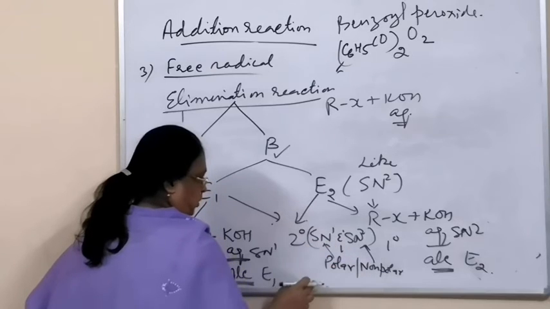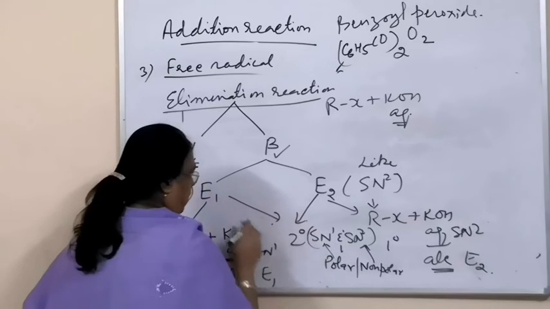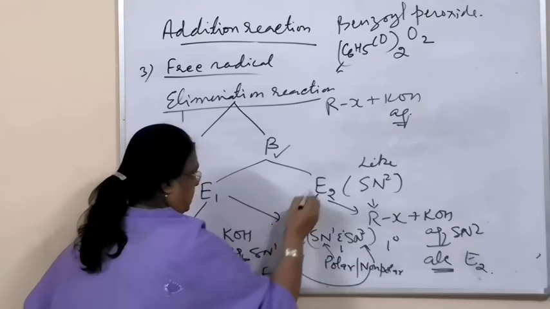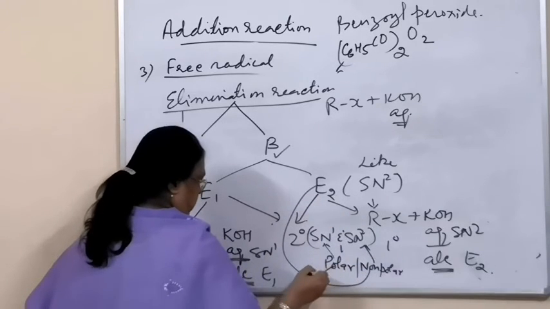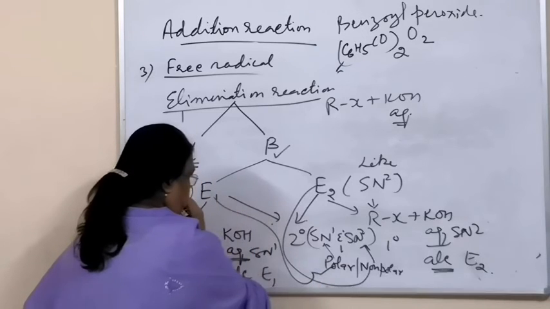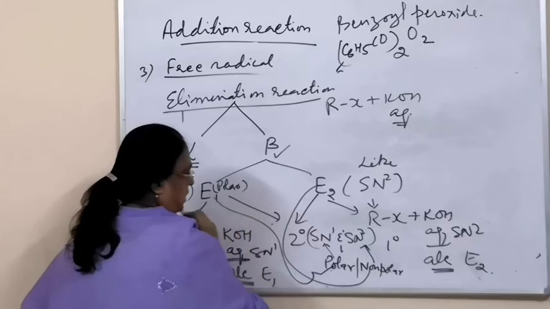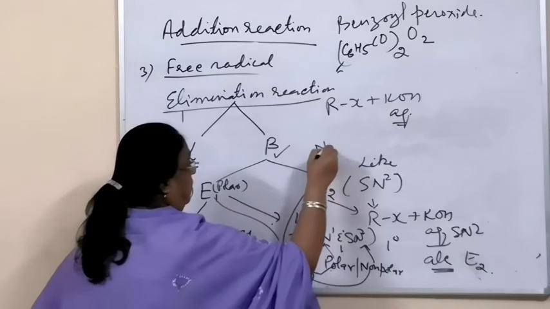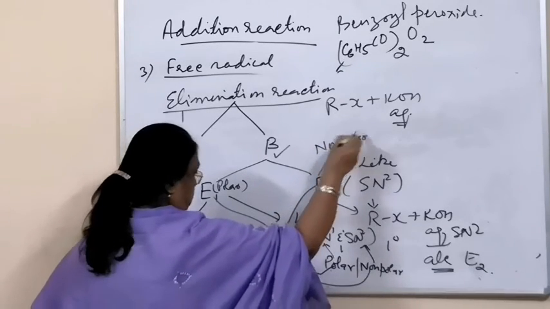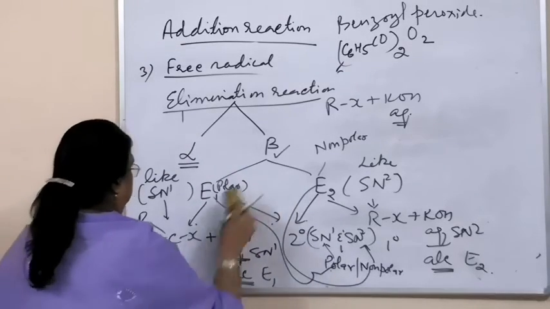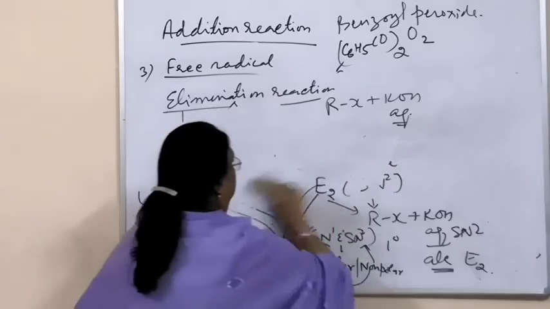This I have explained to you. But in case of E1 and E2, when it is non-polar, then it is E2. And when it is polar, then it is E1. This is polar, then E1. This is non-polar, then it is E2. So remember that. And I will show you the reaction now.